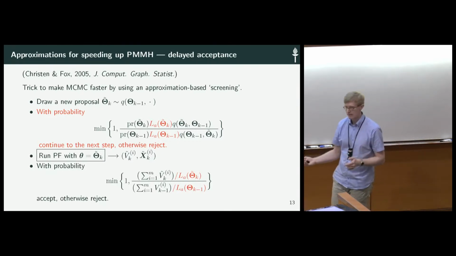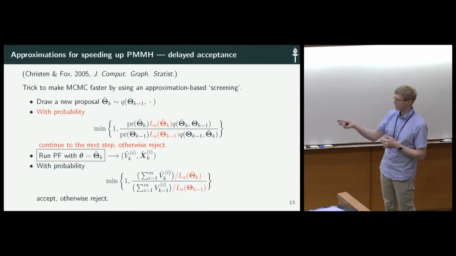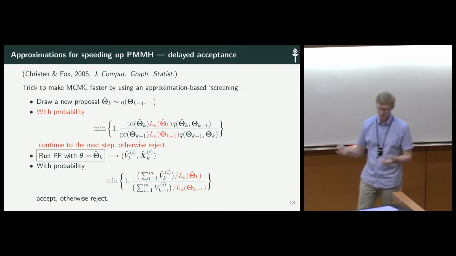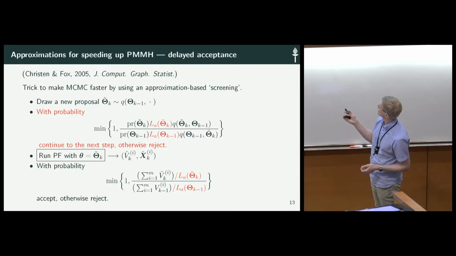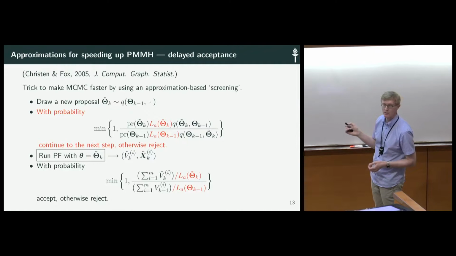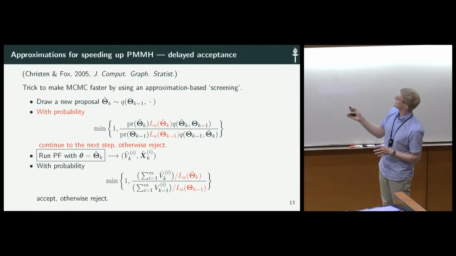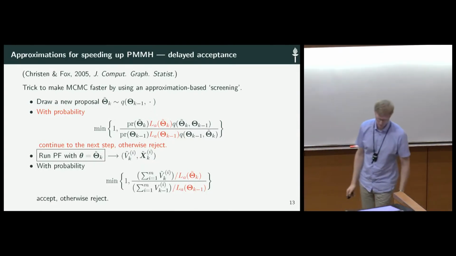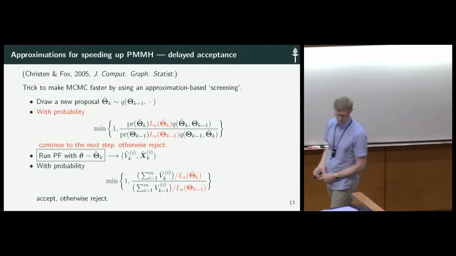But if you accept that, then you run the particle filter and construct the marginal likelihood estimator, all those random variables. And then you do another accept-reject. This time with the ratio of the desired marginal likelihood estimate and your approximate marginal likelihood. And if everything went well, this is expected to be rather close to 1, so you should expect that you accept most in the second stage.